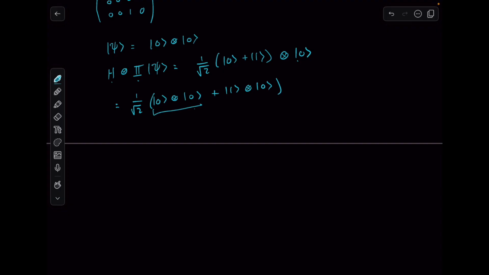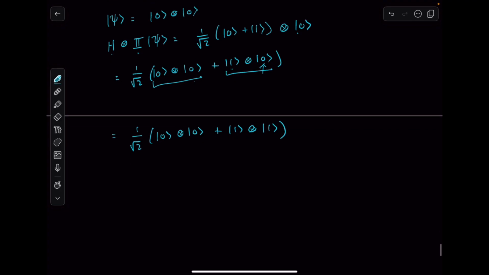Well, it should do nothing here, but it should flip this 0, since in this term we have that the first qubit is 1. And this is going to give us the state 0, 0 plus 1 tensor 1.